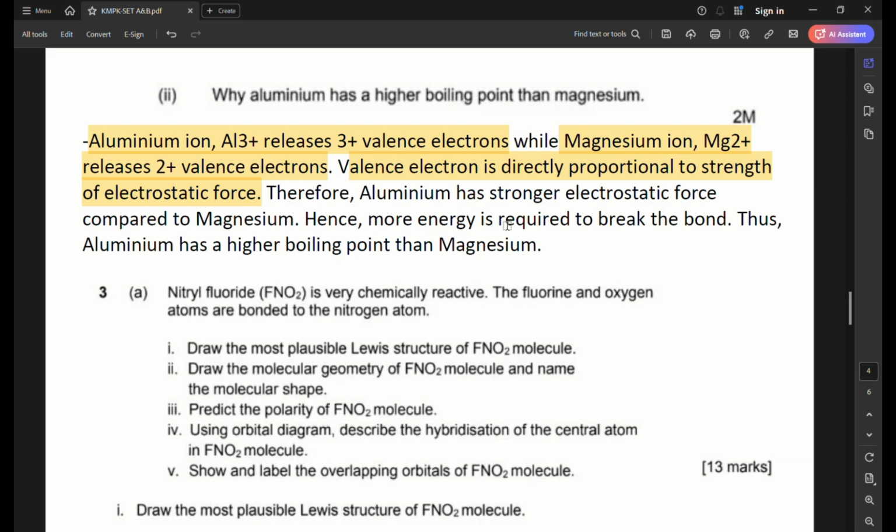So when there are more electrons, there's a stronger electrostatic force. That means aluminium has a stronger electrostatic force than magnesium.